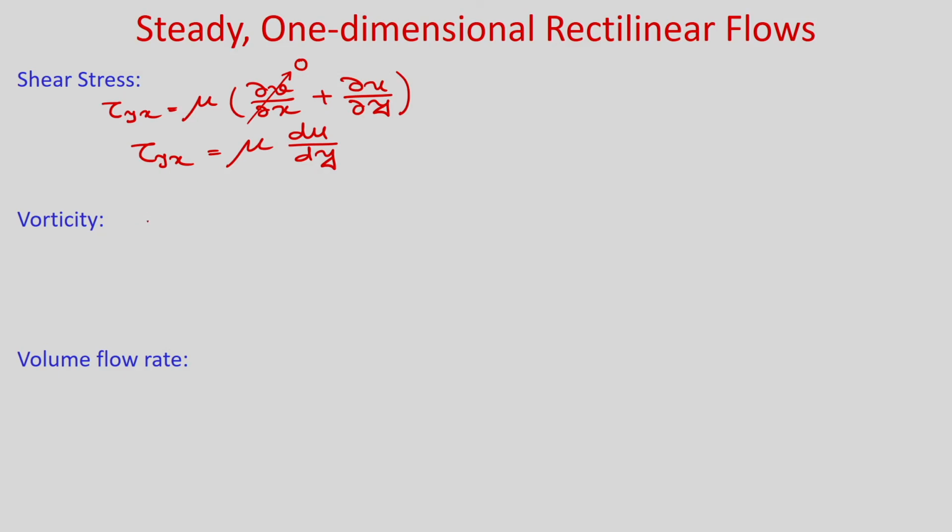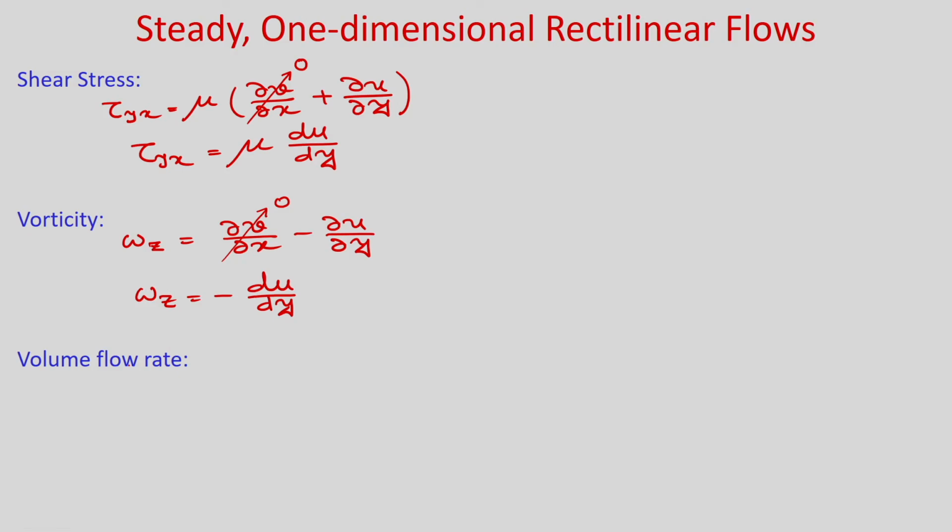Similarly, vorticity, one component will be non-zero, omega z, which is del v by del x minus del u by del y. So, this is 0. So, omega z will be just minus du by dy. So, if you can find the velocity distribution u, then obviously you will be able to calculate the shear stress and the vorticity component.